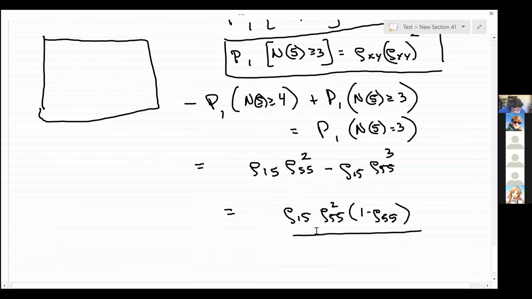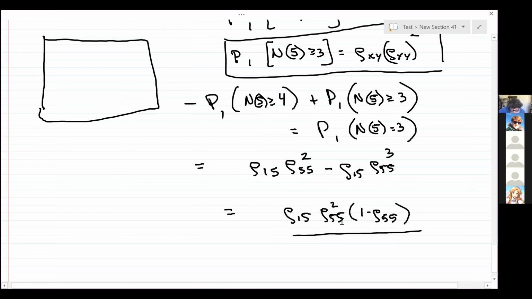Let me say why this makes sense. This is the probability of getting from 1 to 5 eventually. Think of that as the first step of the journey. Then you want to go from 5 to 5 2 times in a row so that you visit 5 3 times altogether. This is the first time, and these are the second and third times. Okay.